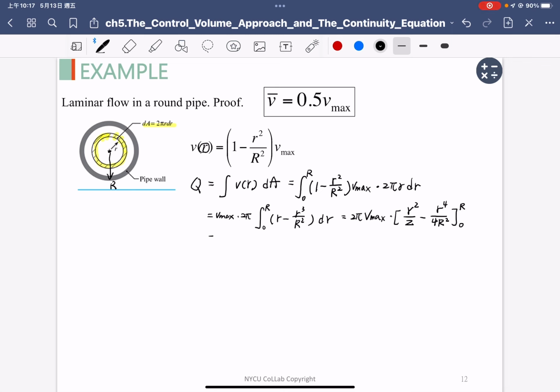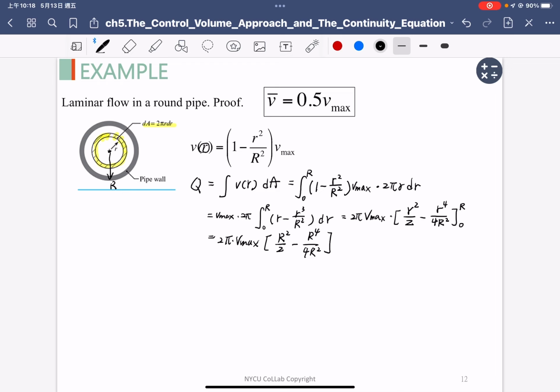So we just put the numbers inside. There is a 2 pi V maxima, and we put the radius inside. We don't have a 0, right? If you put the 0 inside, there is no result. So we only have the capital R: R squared over 2, minus R to the fourth power over 4 R squared.